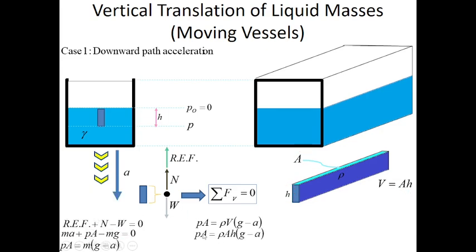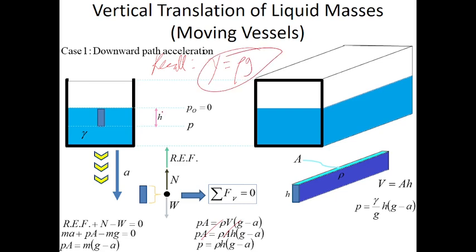So this is the simplified form: PA equals rho A H, G minus A. Volume is AH, so cancel the A. So rho H lang, G minus A. And rho is gamma over G. Recall the formula I derived before, that specific weight is density times acceleration due to gravity.